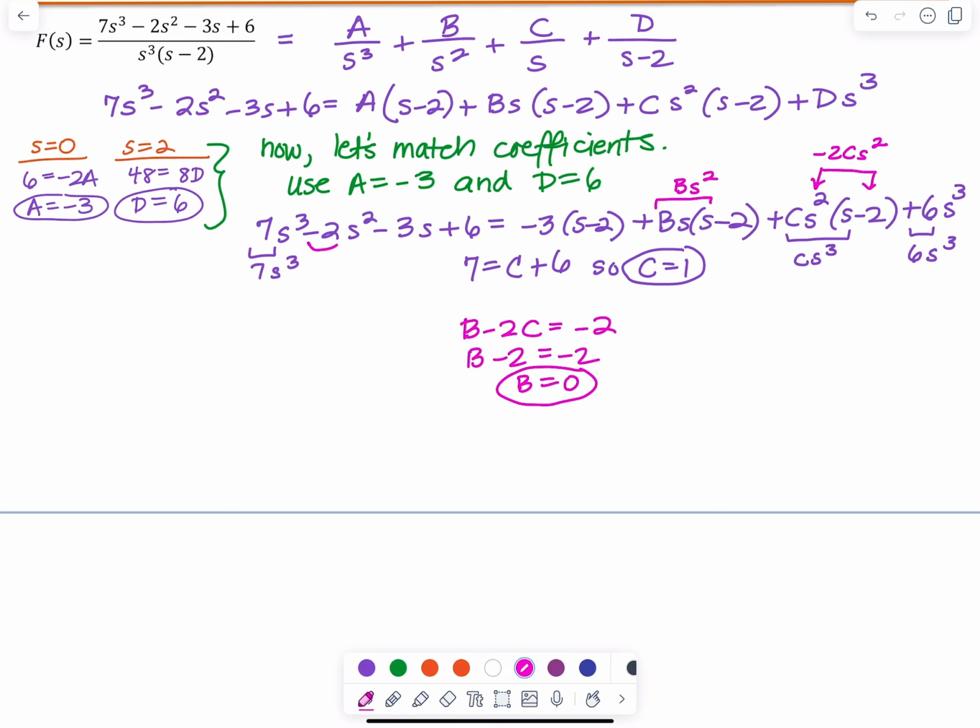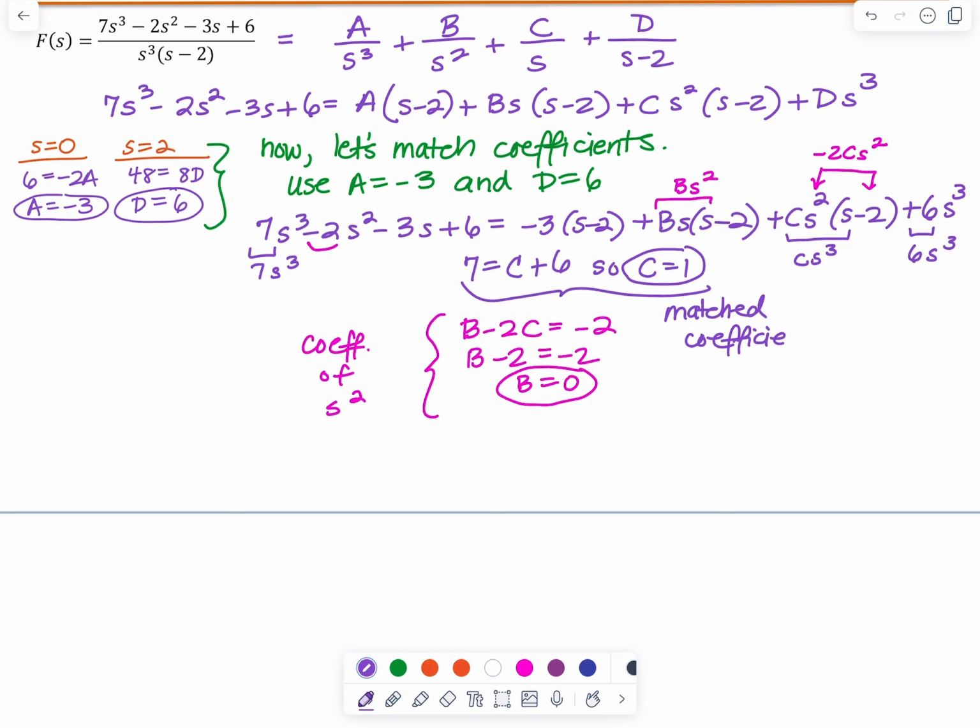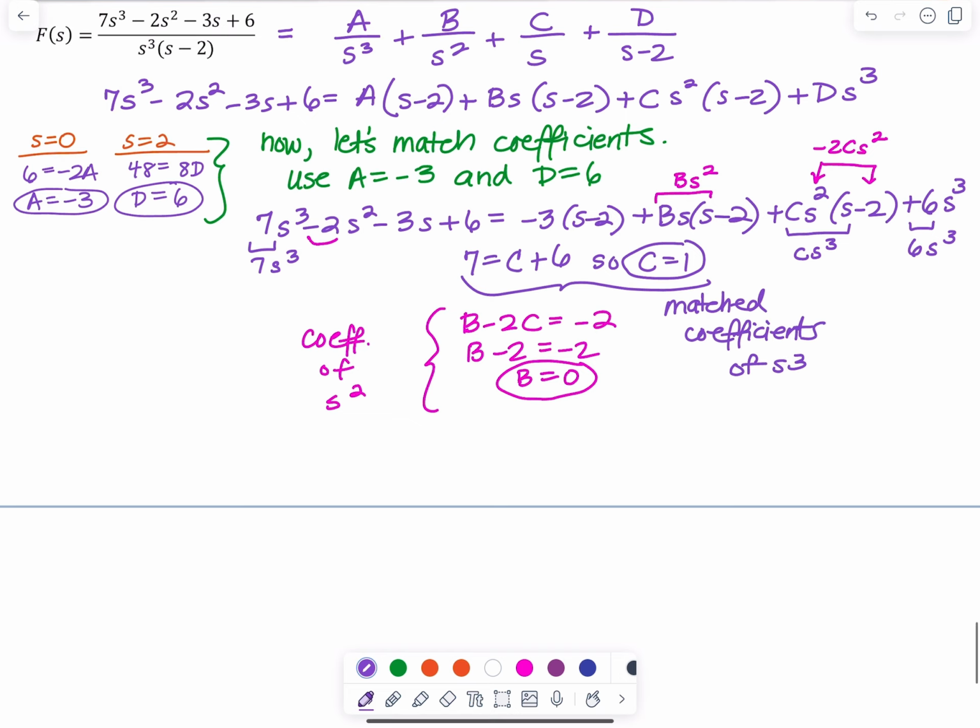Okay, so here we matched the coefficients of s squared, and here we matched the coefficients of s cubed.